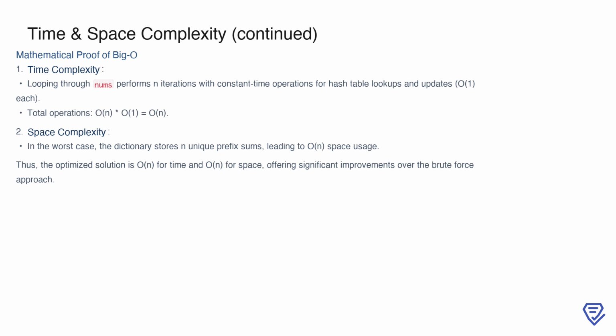For space complexity, the dominant factor is the prefix_sums dictionary, which stores up to n unique prefix sums in the worst case. This results in O(n) space usage. Combining these, the optimized solution achieves O(n) for both time and space complexities, which is a substantial improvement over the O(n³) time complexity of the brute force approach. This efficiency highlights the power of leveraging prefix sums and hash tables for problems like these.